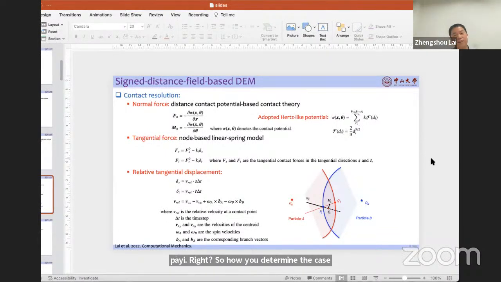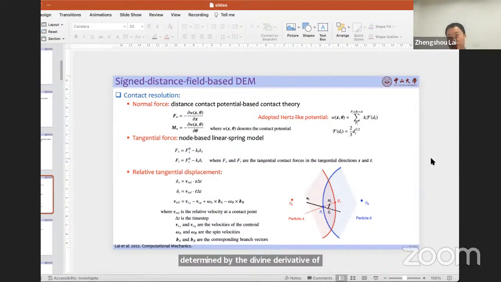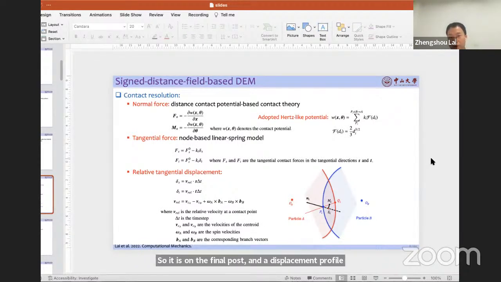Okay, yeah. So in the conventional DEM, we have two popular contact models. One is the linear spring contact model, and the other is the Hertzian contact model. For the potential-based contact model, the force is determined by the derivative of the contact potential, so the final force and displacement profile is not very straightforward. So here we did some investigations and proposed two types of contact potentials.